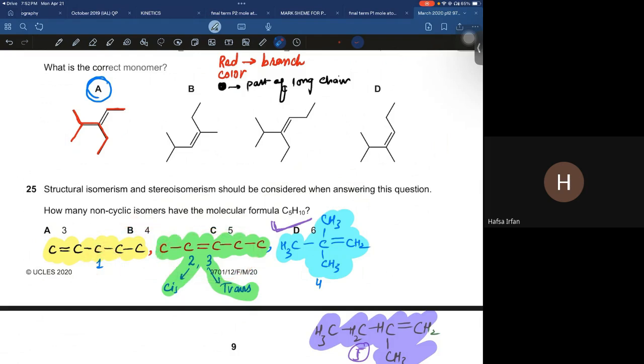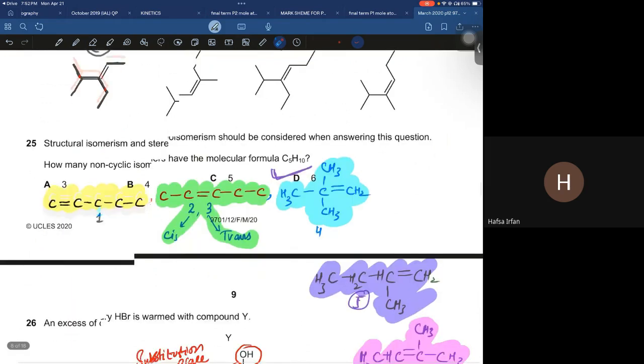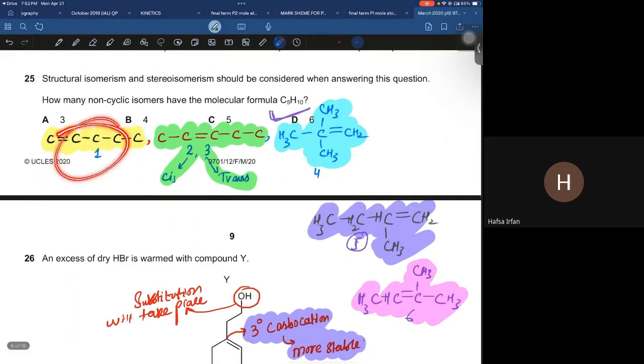And then I'm going to write down the branches in this manner. So you will see that the total non-cyclic isomers with this molecular formula would be 6. So 1, 2, then you have to draw cis and trans.